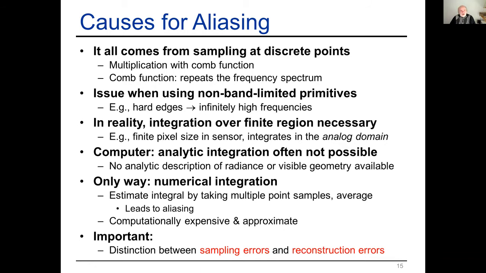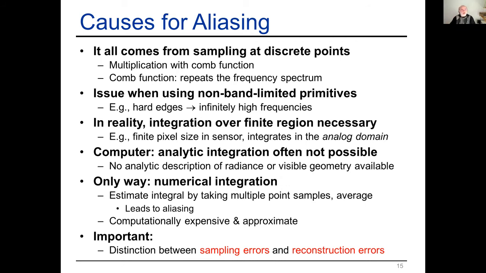So what causes aliasing? Just to really drive this home, it all comes from the sampling process, right? There's nothing else. It is as you are discretely sampling a function. If you do this multiplication with the comb function, that is where it happens, right?